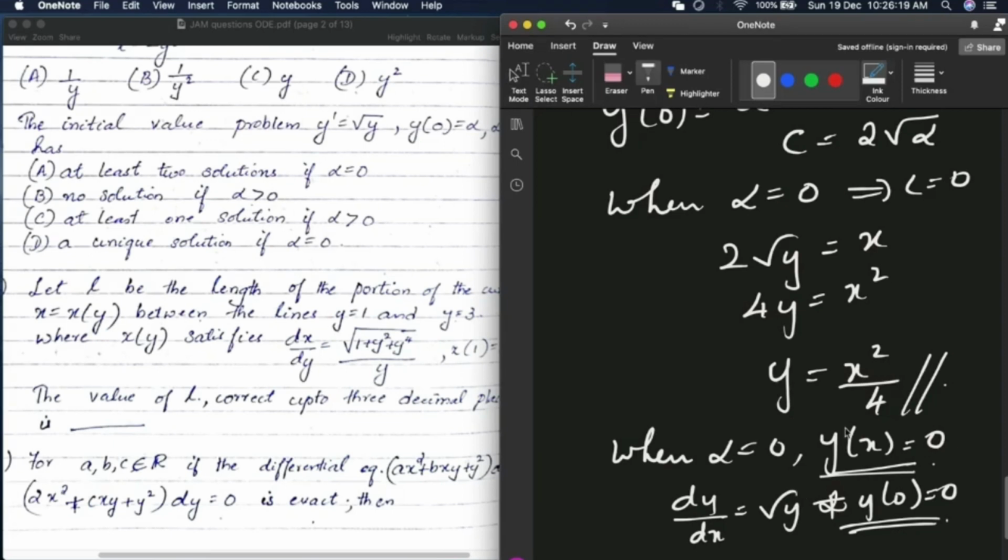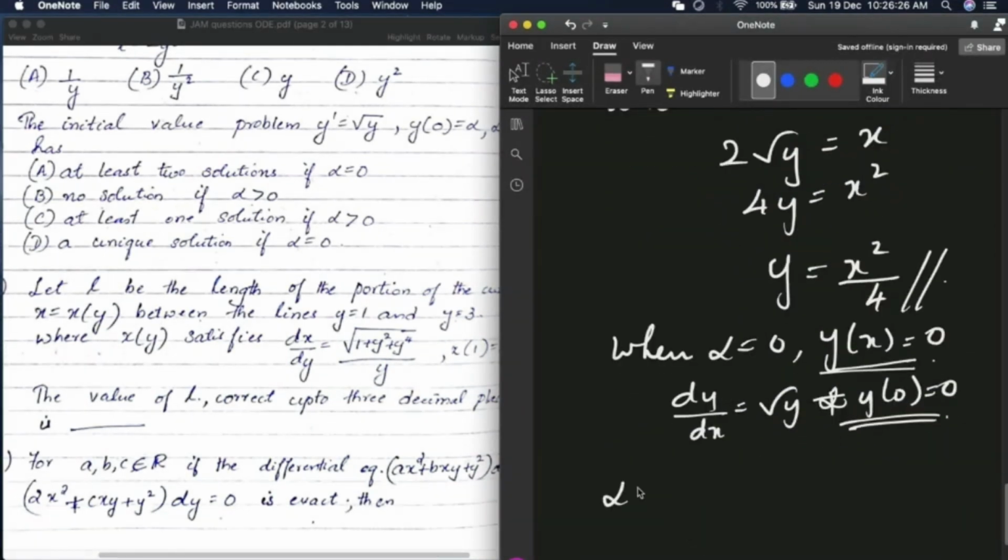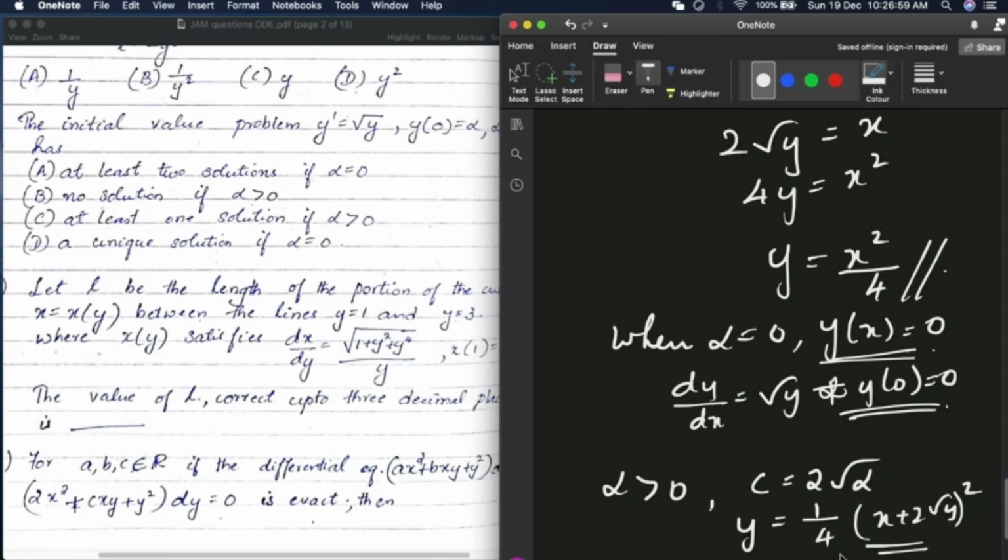When alpha greater than 0, C is 2 root alpha. I think A and C are the solution.